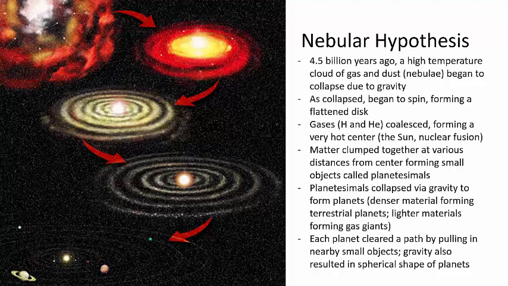It would pick up all of the debris to form bigger and bigger planets. So each planet cleared a path of nearby smaller objects, and because of gravity, those planets would become spherical in shape. Okay, so that is what is called the nebular hypothesis, and at the bottom left of this drawing, you see little images of what you could recognize as the planets in our current solar system.